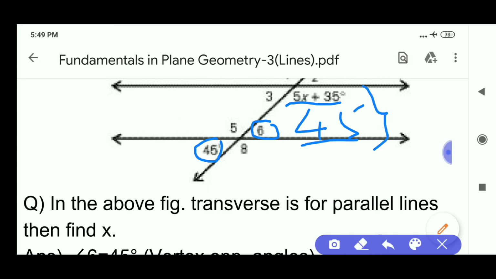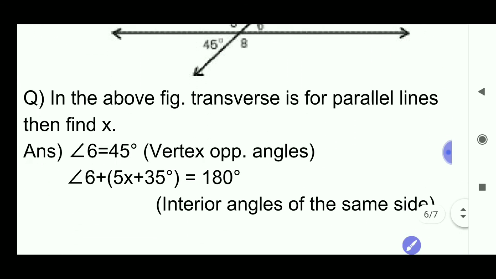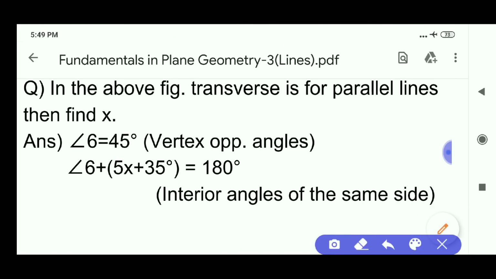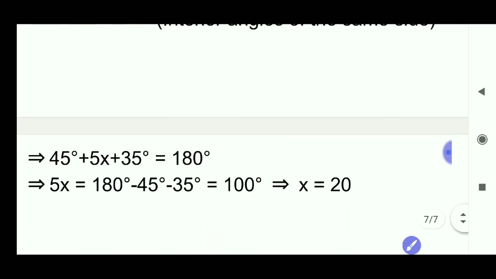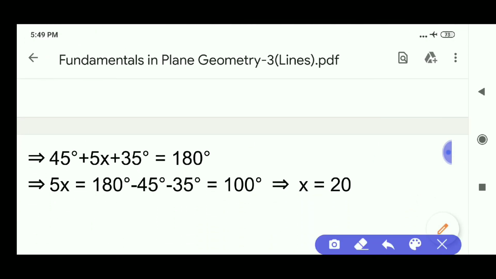So they are supplementary. Now come to the question. Angle 6 is equal to 45 degrees because of vertically opposite angles. Angle 6 plus 5x plus 35 is equal to 180, interior angles on the same side. By solving, we get x is equal to 20.